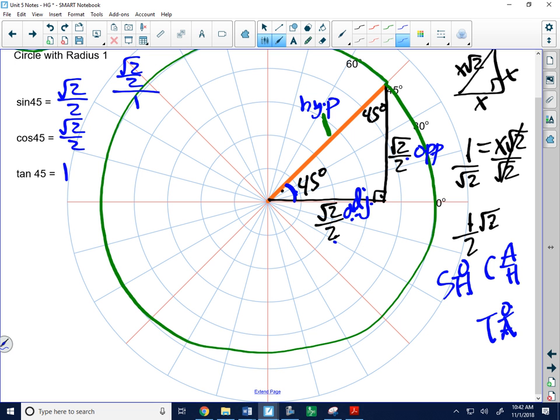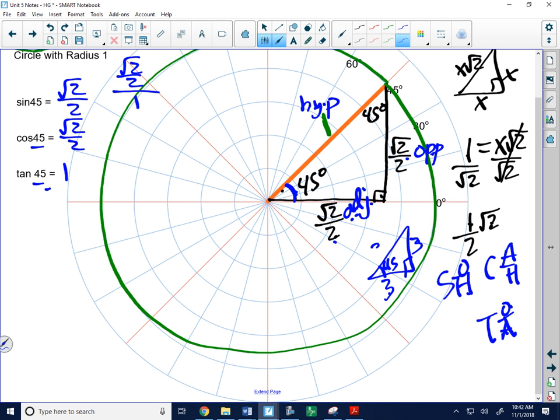Why is tangent 45 always 1? It's because it doesn't matter whatever triangle you do for that, it's going to be 45, 45, 90. And then because it's isosceles, it'll always be the same value divided by itself.